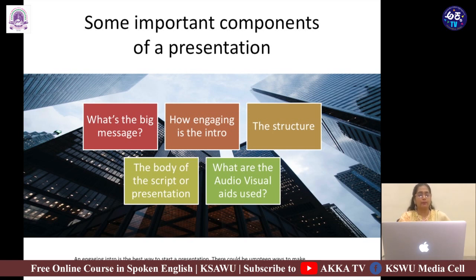Of course, I'm also talking about the body or the script. So we should divide point-wise the script in meaningful context. For instance, I cannot say something which has to be put in the end in the beginning. I have to divide it nicely. And what are the audio-visual aids that I'm going to use?